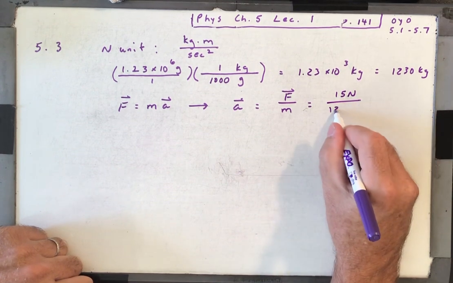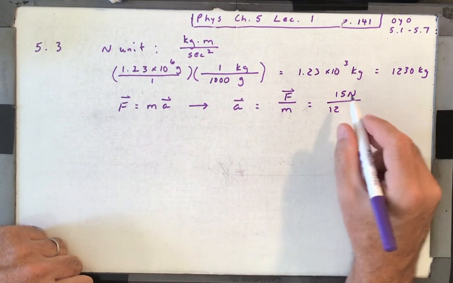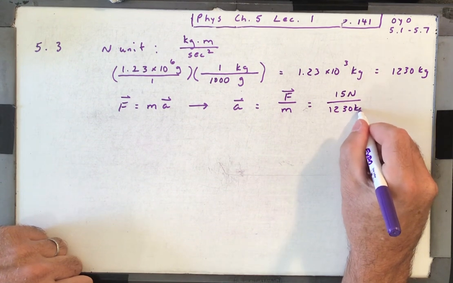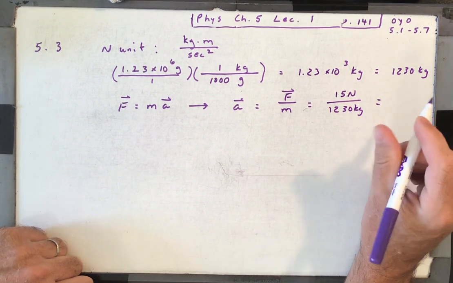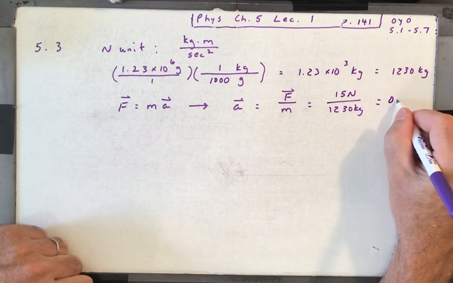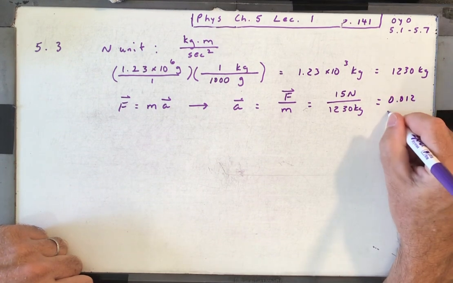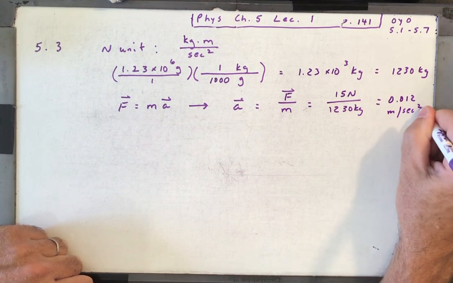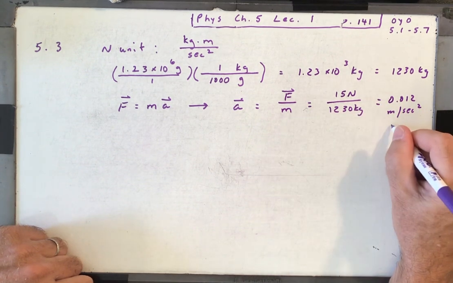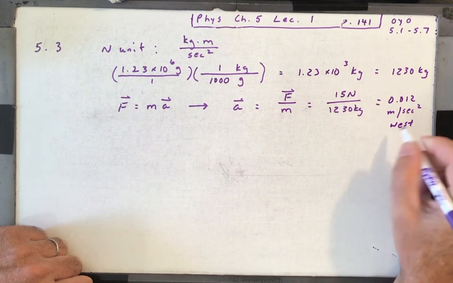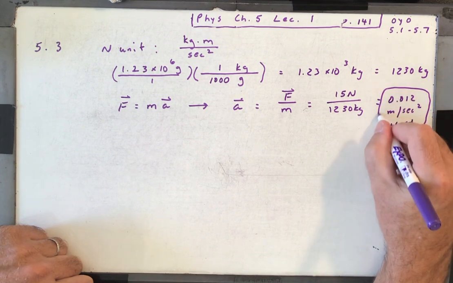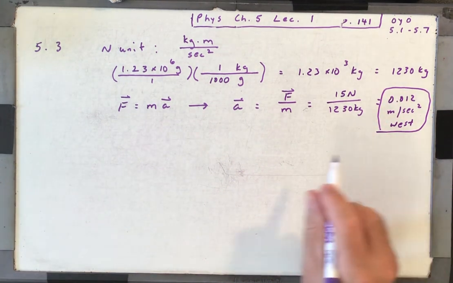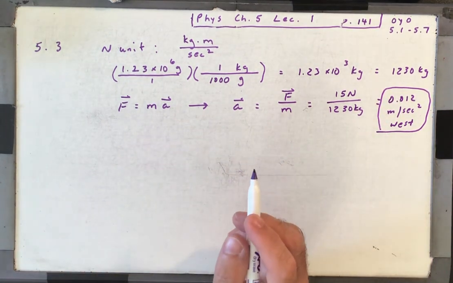Mass is 1,230 kilograms. So that's going to be 0.012 meters per second squared, and since it's a vector, we need to write that is west. All right, so our first use of F equals ma.